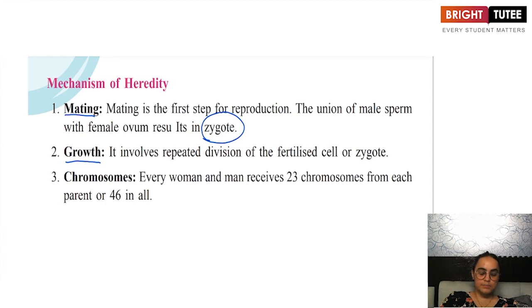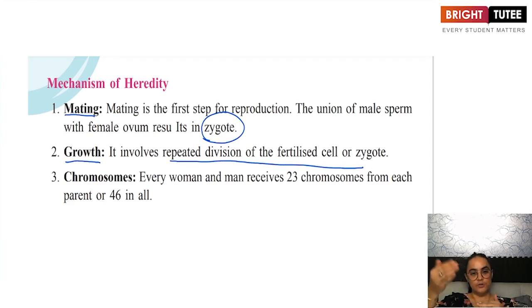The second factor, the second thing after mating, is growth. The growth involves the division of the fertilized cell. So growth means how much the zygote or the fertilized cell divides, how much it multiplies in nature.